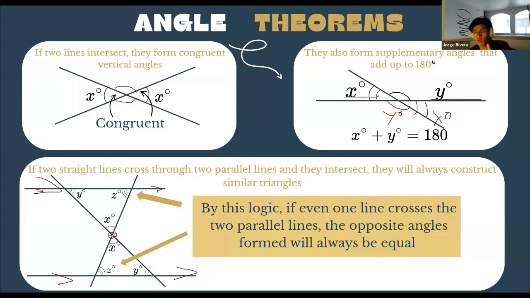Now, can anyone remember what similar triangles mean? Who can tell me what it means to be a similar triangle to another triangle? It's okay if you don't know. You can just say, I don't know. Does anyone know what it means to have similar triangles?